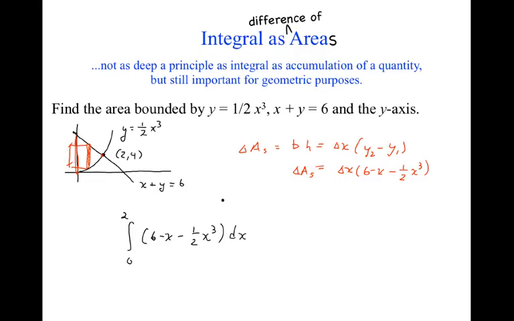By doing base delta x times that change in y, those are both positive for all the strips. So we know this will be greater than 0 and equal the area.